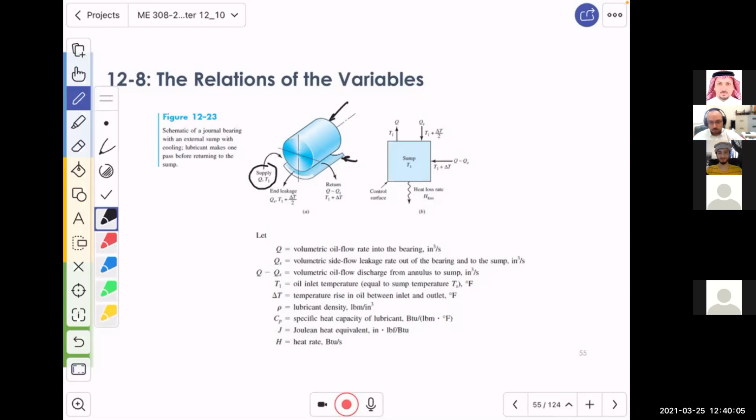That flow can have two characteristics: the flow rate, Q, in volume per second, per minute, whatever, and a temperature T1. Now, when the flow goes, we said that some part of this is going to go on the other side.